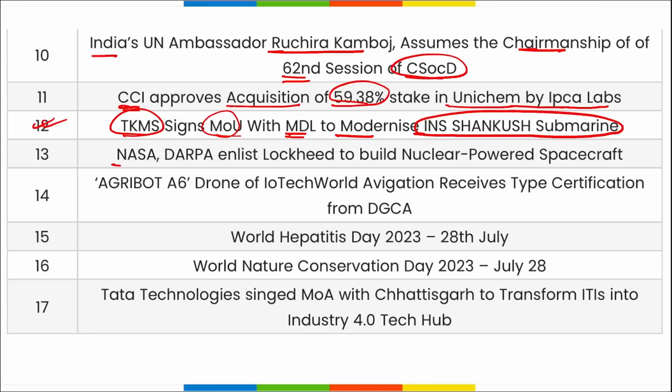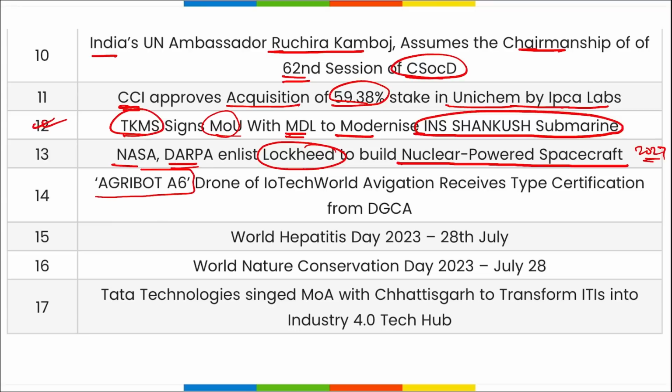Important. Then NASA and DARPA signed a pact with Lockheed Martin to develop a nuclear-powered spacecraft, and that will be launched by the year 2027.